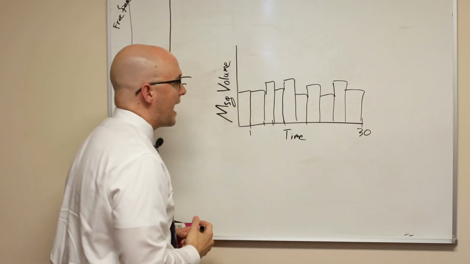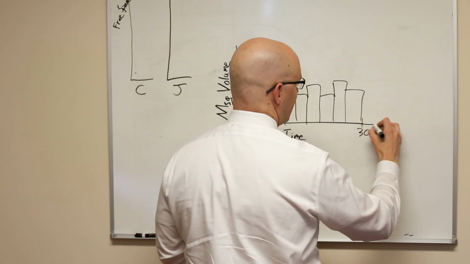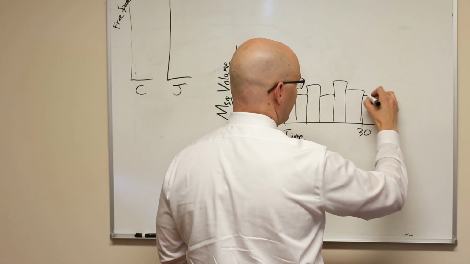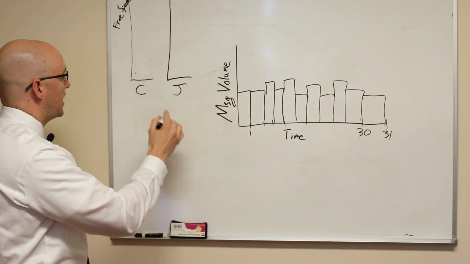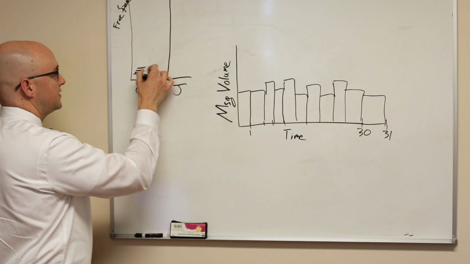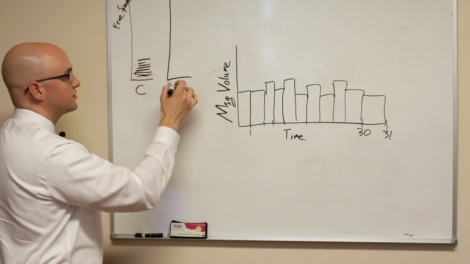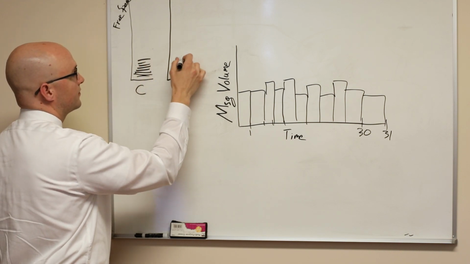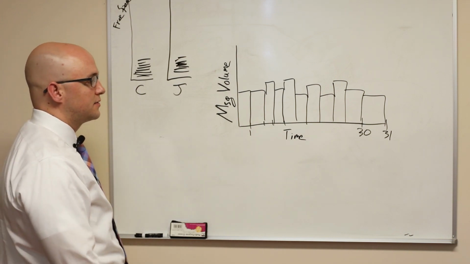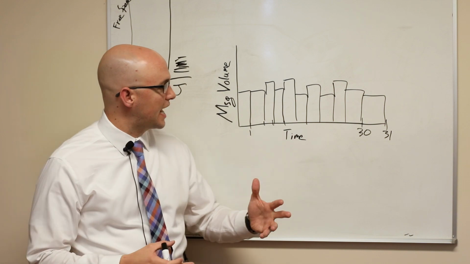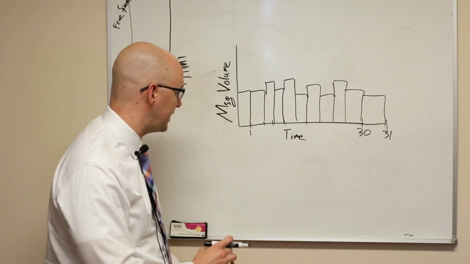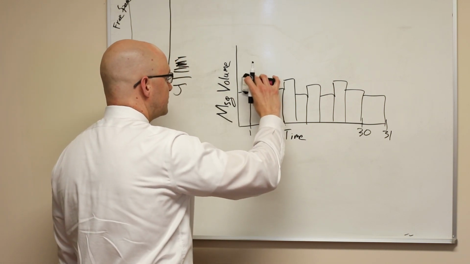So what would happen, and we'll even add a day 31 here. As we're marching along that way, each time we're writing to C, those are sets, and we're writing to the journal over here. Now what happens once we get to day 31, and maybe we're purging everything older than 30 days, so we've got to come over and purge.